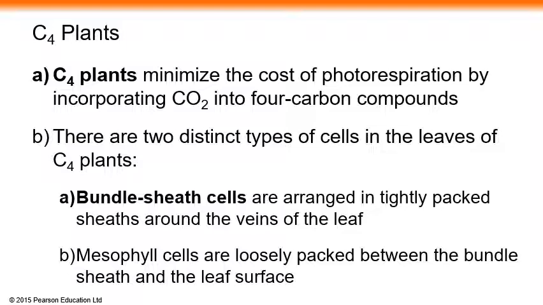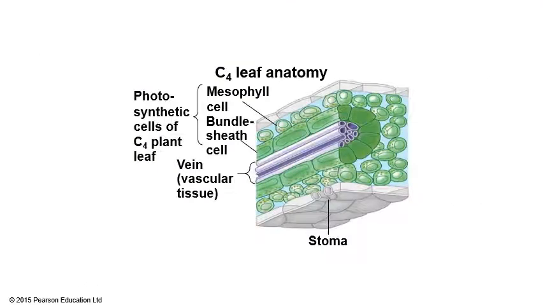Mesophyll cells are loosely packed between the bundle sheath and the leaf surface. This is the typical anatomy for a C4 plant. It's showing a section of a leaf of a C4 plant.